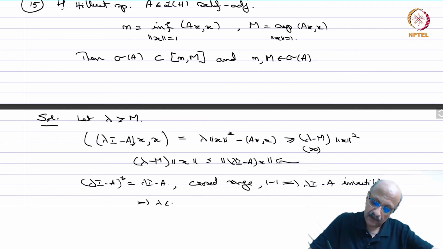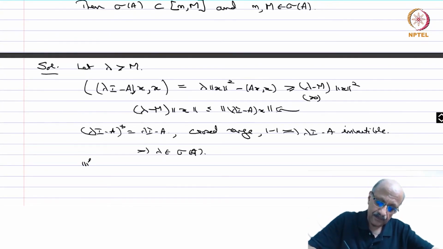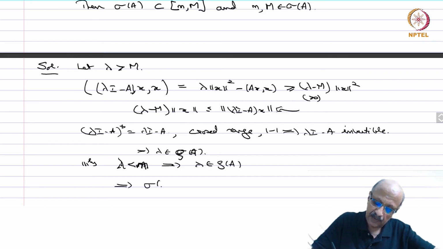Therefore lambda belongs to rho of A. Similarly, if lambda is less than small m, you can do the same argument and you will get that lambda belongs to rho of A again, and therefore sigma of A is contained in [m, M].